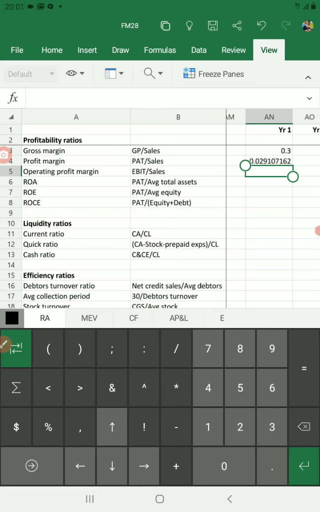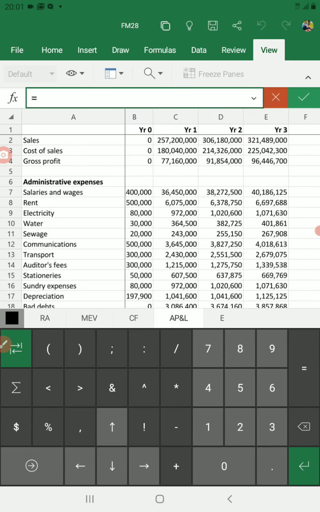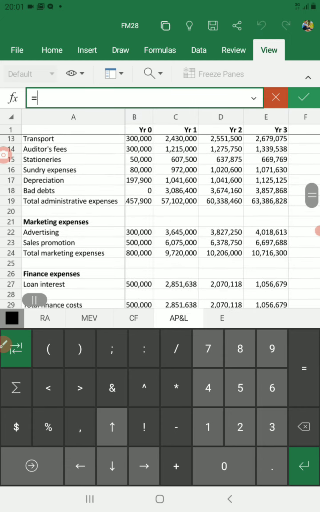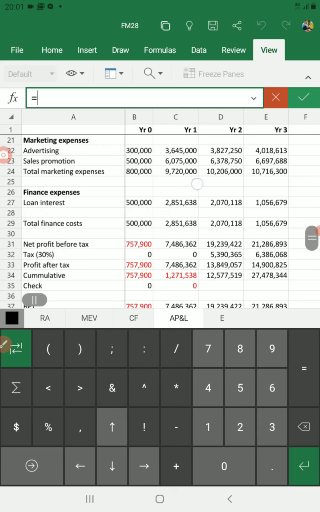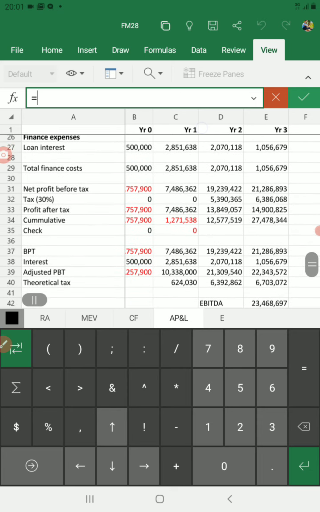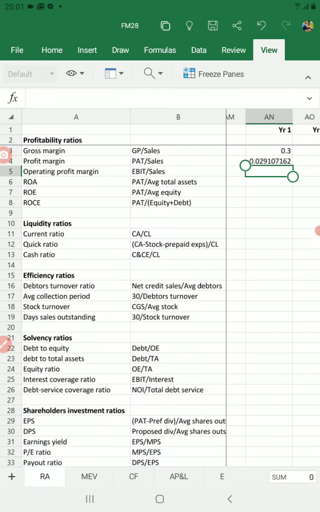Operating profit margin, start with the equal sign, go to the annual P&L sheet, and operating profit is earnings before interest and tax. Okay, let me repeat it again.